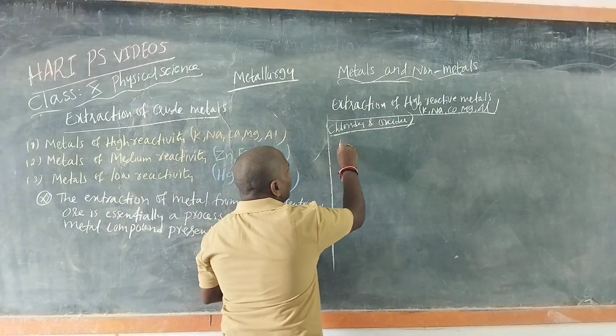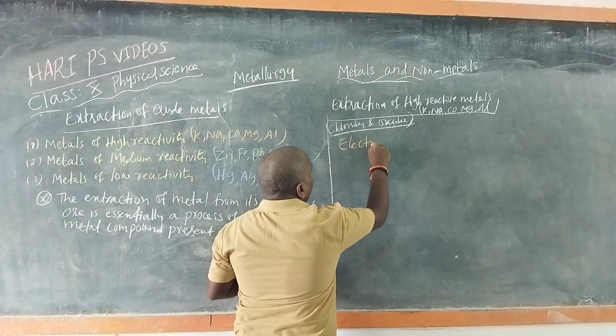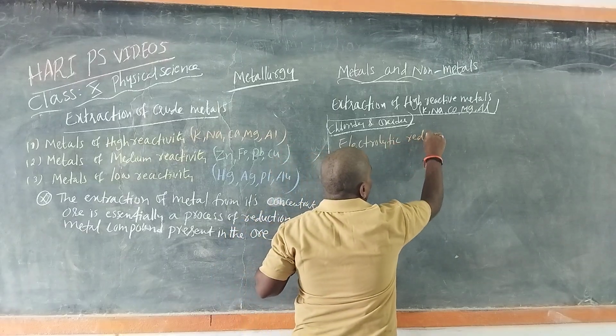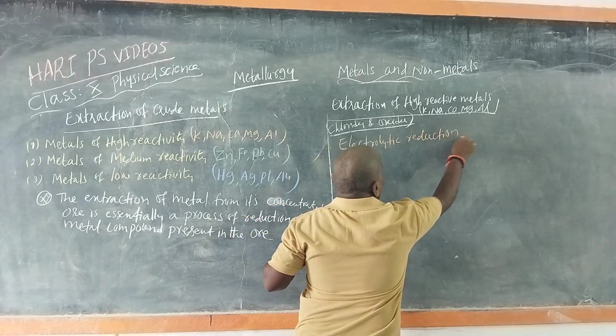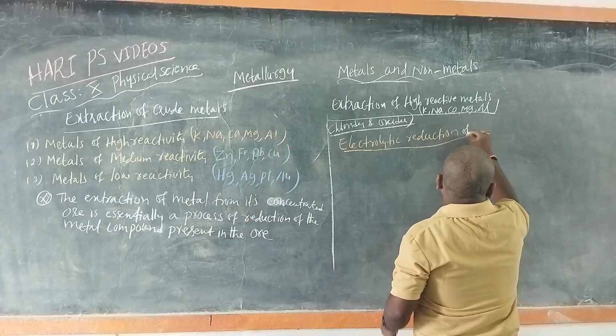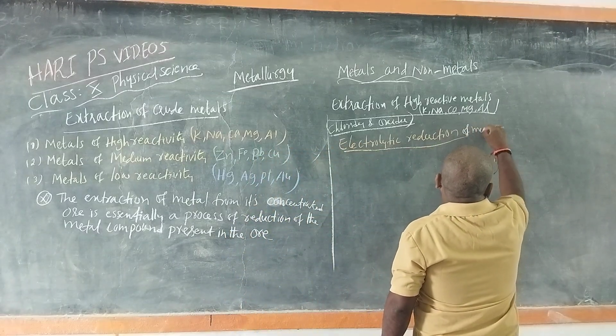So we can use one method, which we call electrolytic reduction. Electrolytic reduction of metal chlorides.